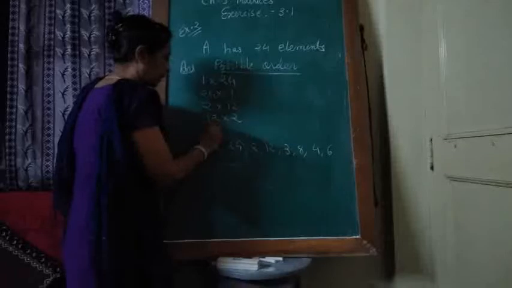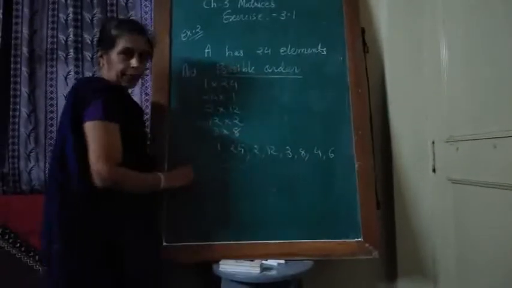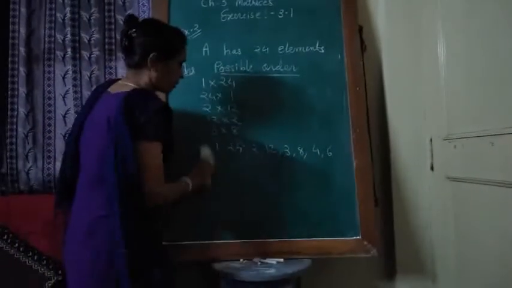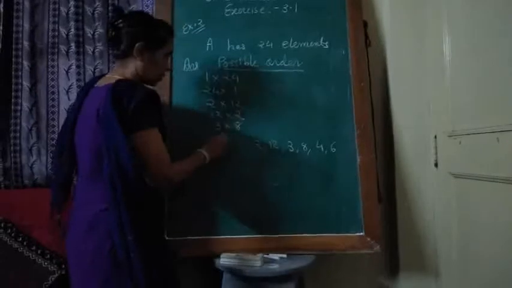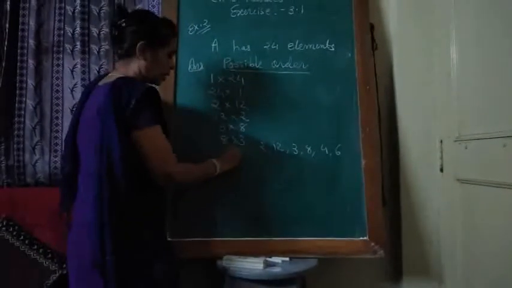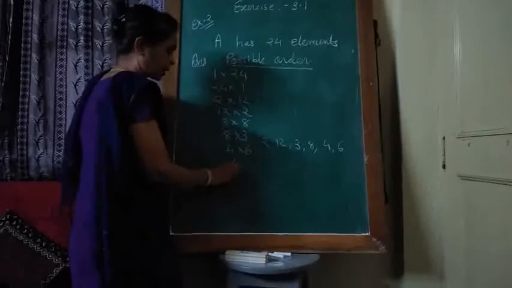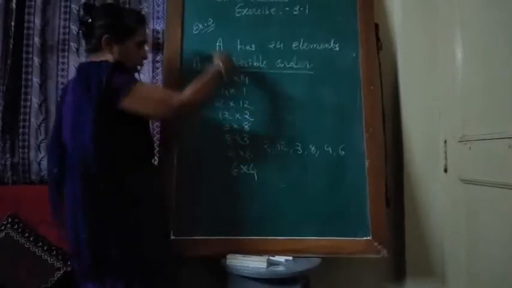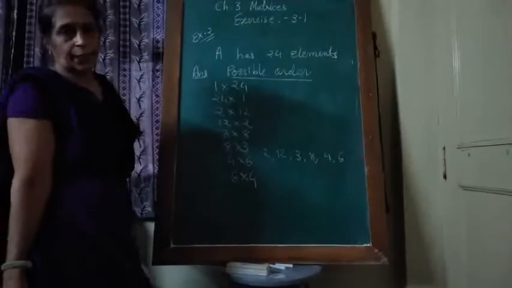Then 3 eights means 3 by 8: 3 rows, 8 columns, and 8 rows, 3 columns. You have to write the reverse also. 4 into 6: 4 by 6 or 6 by 4. So have I written all possible orders here?